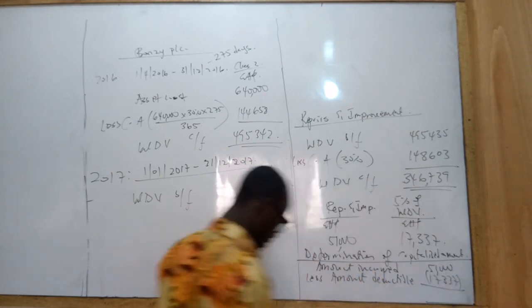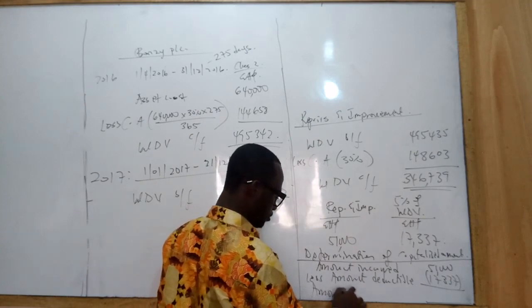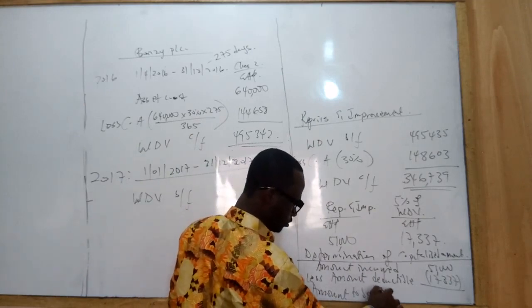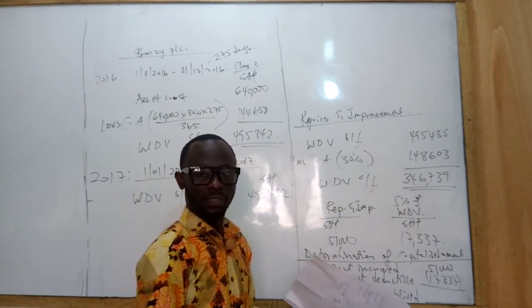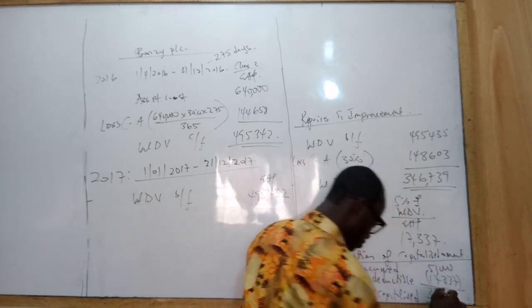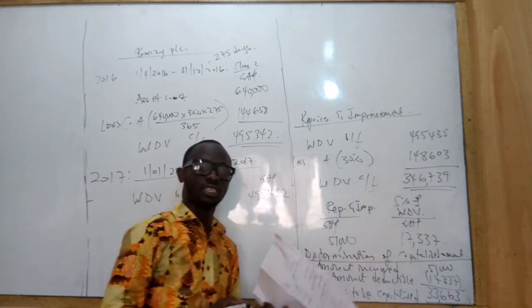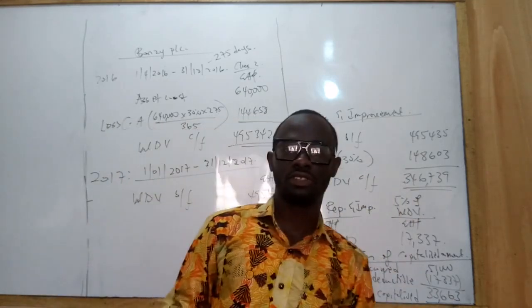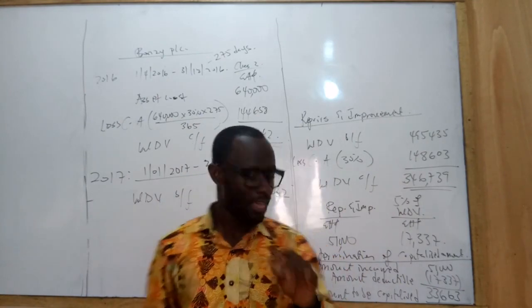So when we deduct that, we will get the amount to be capitalized, which in this case is 33,663. So this is what you need to understand about the determination.